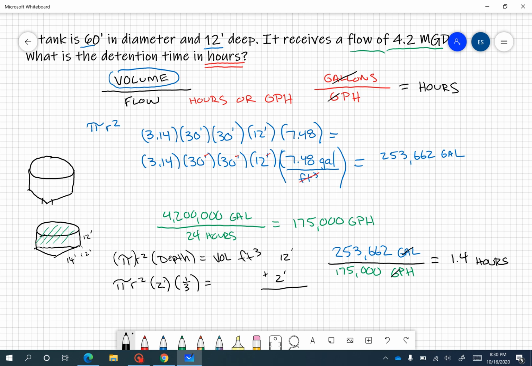But typically we don't account for the cone in the bottom because the slope of the floor in a clarifier is not all that great, so there isn't too much additional volume to account for, and then we just assume that it's canceled out by the mechanical equipment inside that clarifier taking up some space. So just wanted to point that out.